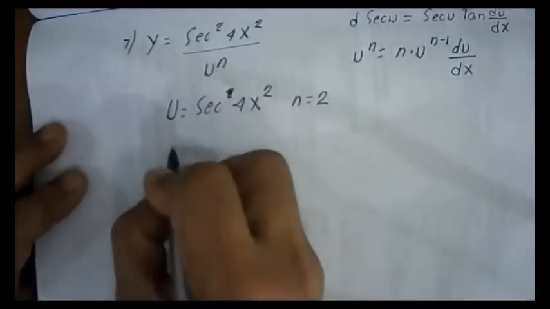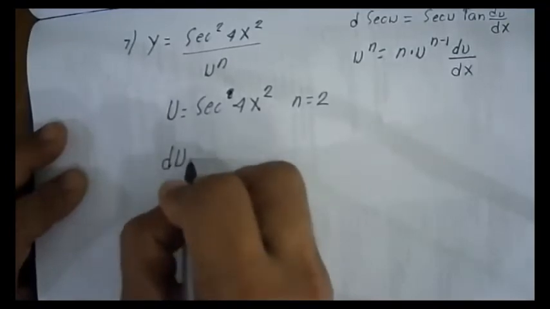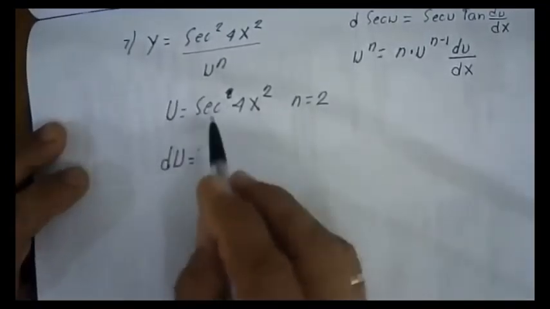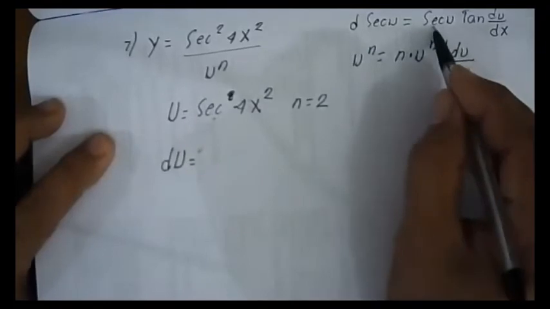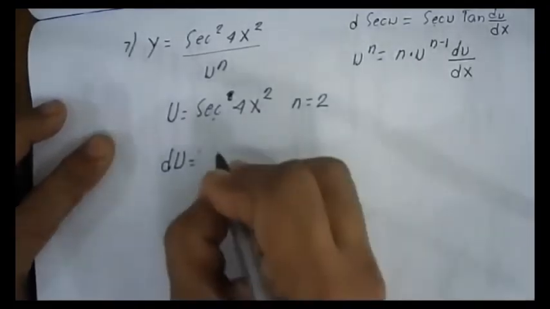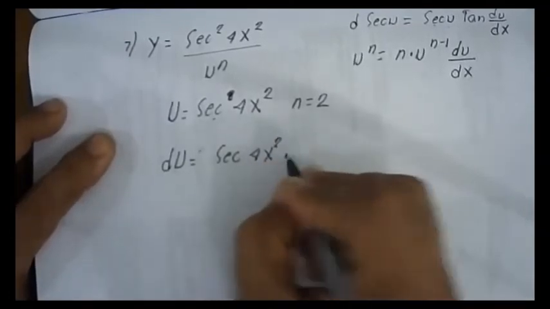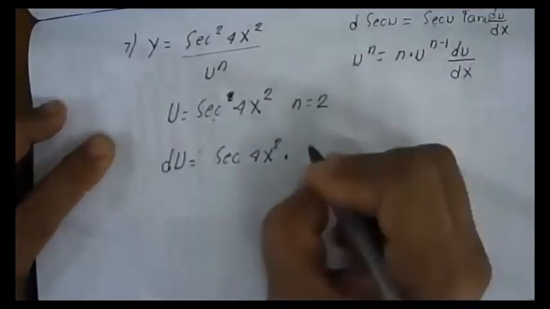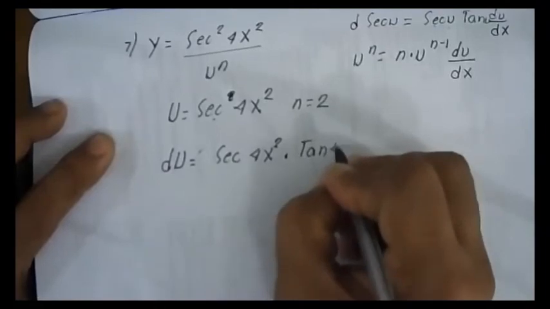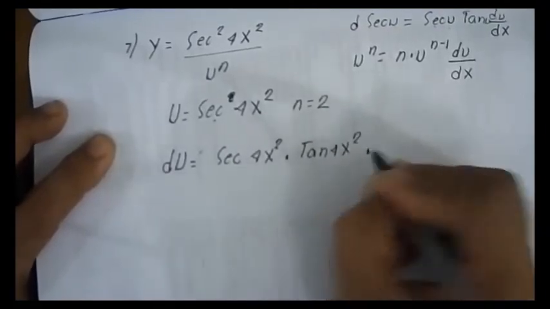Okay. So, gamitin natin yung u raised to n. Okay? So, our u will be secant 4x squared. Okay? Our n is equal to 2. Okay na. So, kunin natin yung derivative ng u natin. Derivative ng secant is secant u tangent u, so magiging secant 4x squared tangent 4x squared.